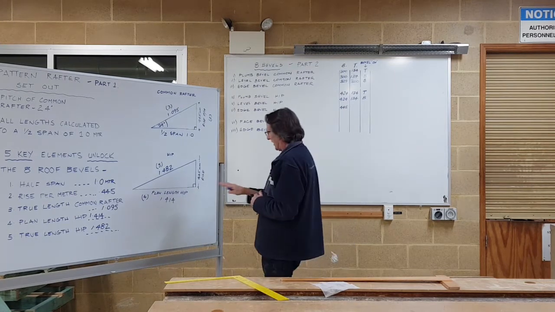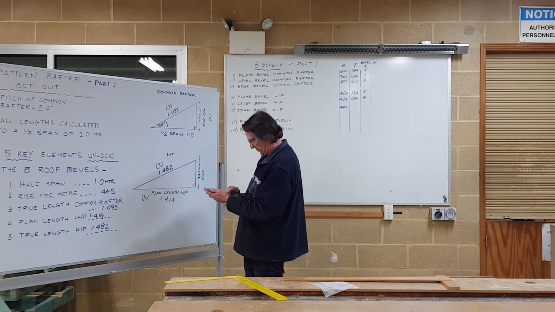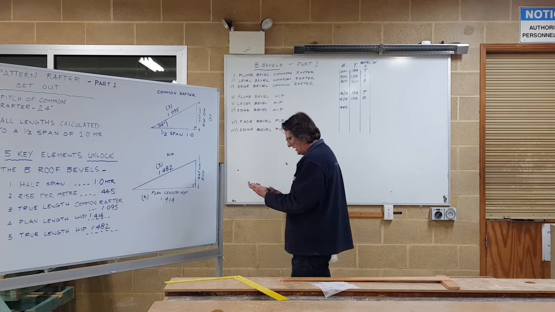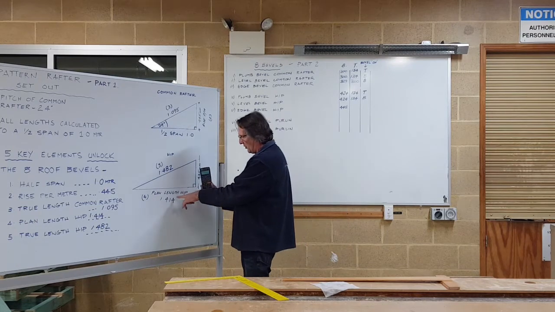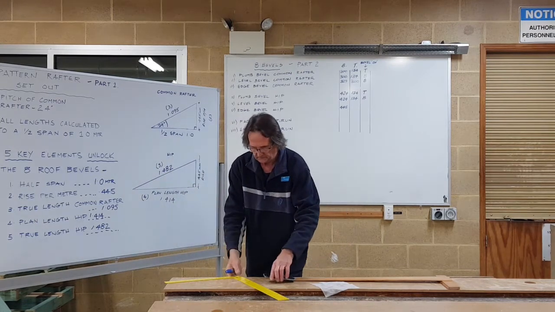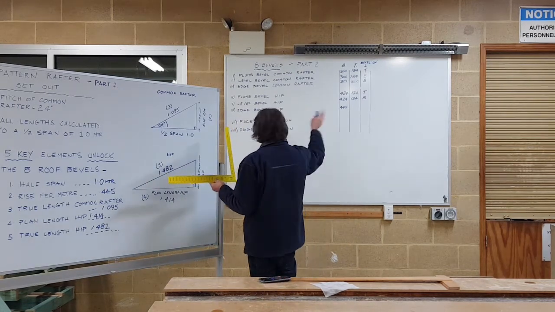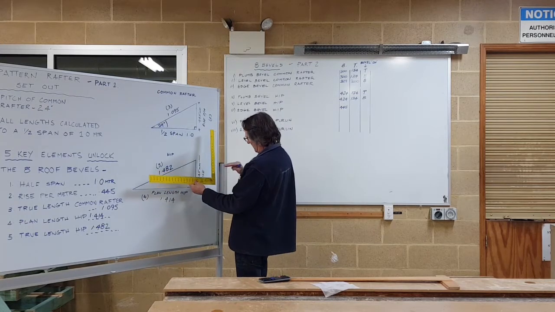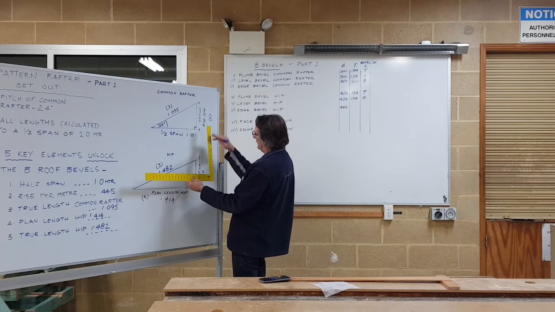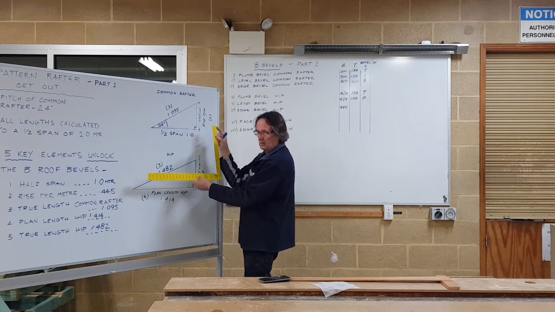And I'm going to multiply the plan length 1.414 by 0.3 as I did before, and it gives me 424. So I can fit 445 on the blade, but I can't fit 424 on the tongue because it's only 400 long.